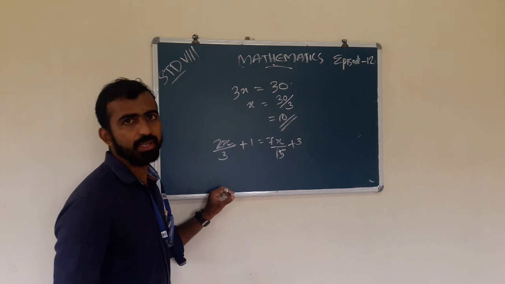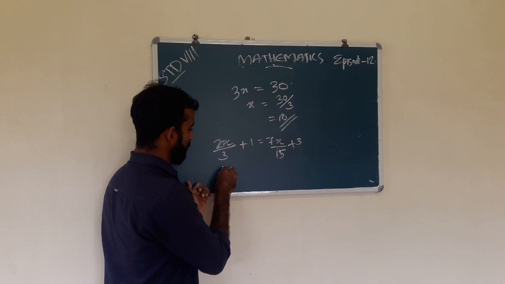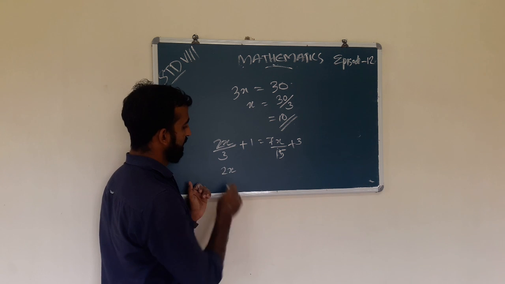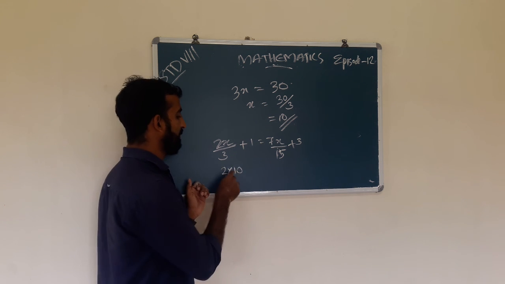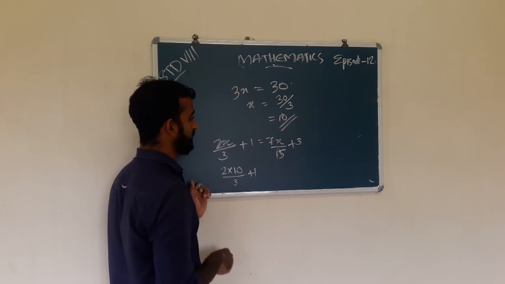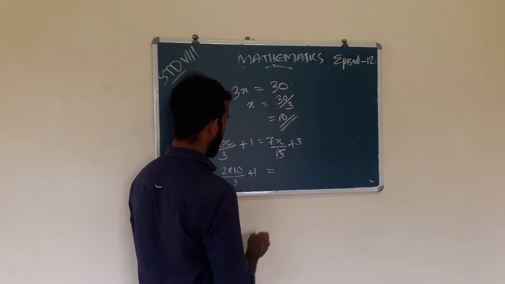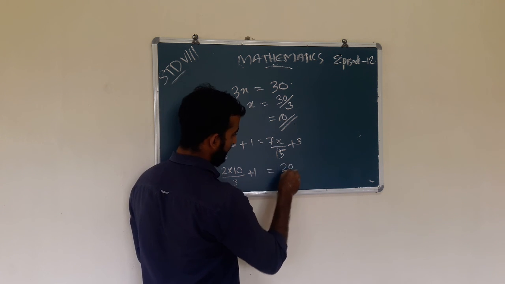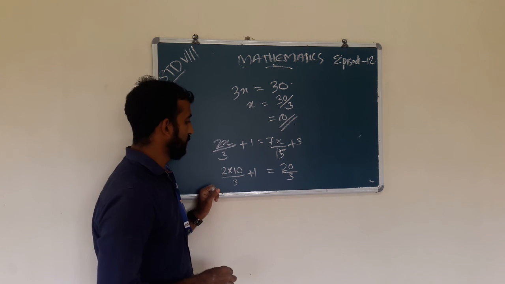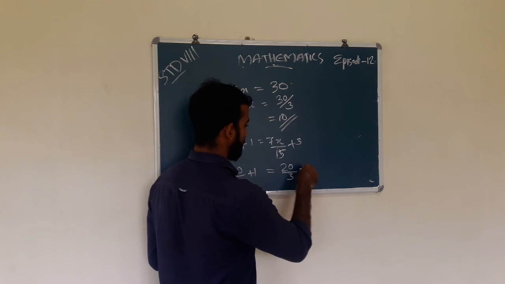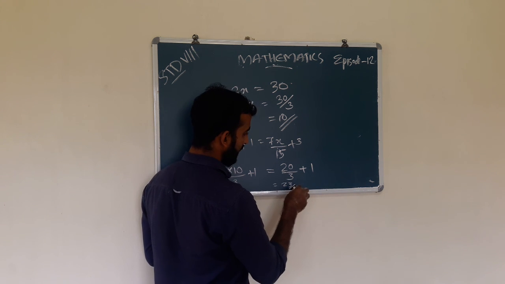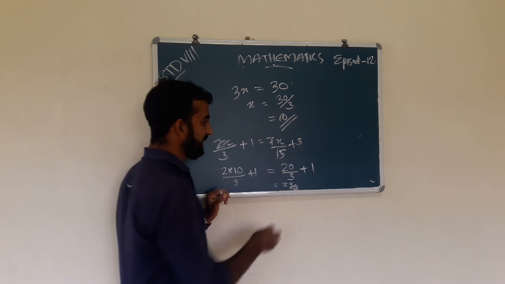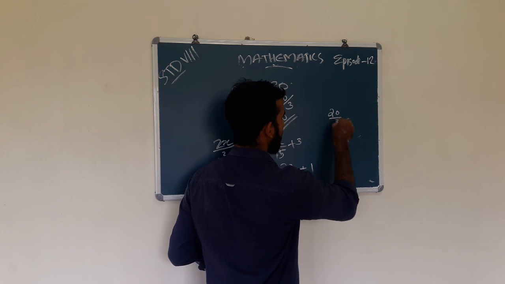Here x means 10. 2 into 10 by 3 plus 1, that is 20 by 3 plus 1.